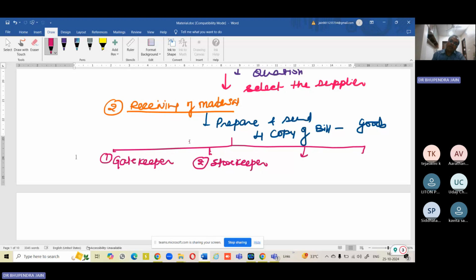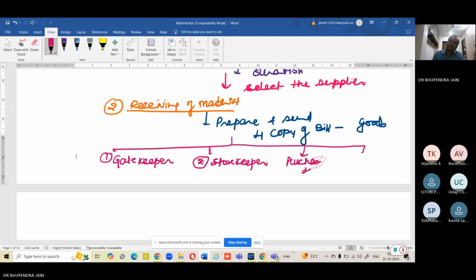Number third copy is for the purchase department. And number fourth copy is for the account department. The account department again separately passes the entry: purchase account debit to cash, purchase account debit to bank, purchase account debit to party.